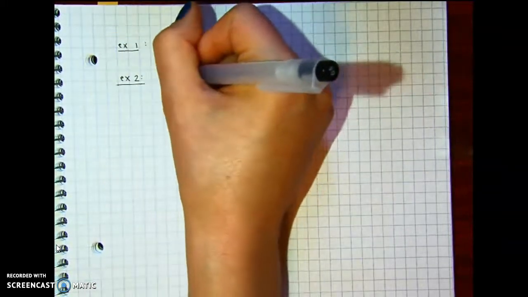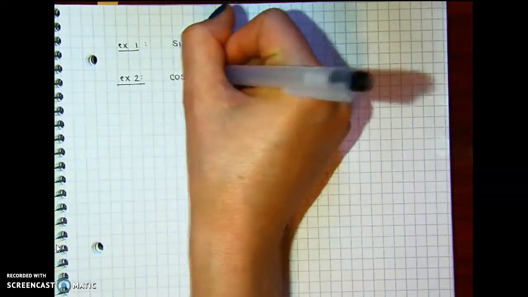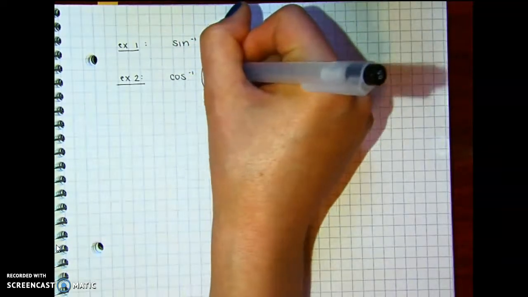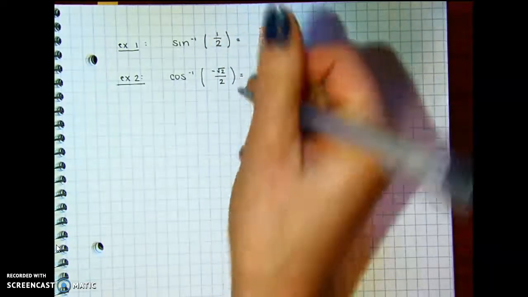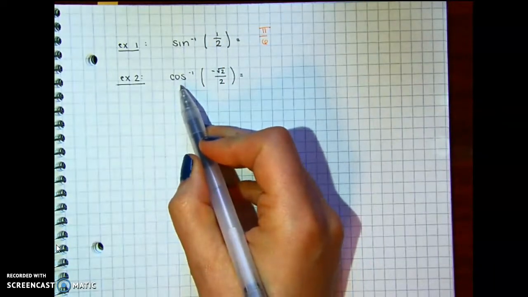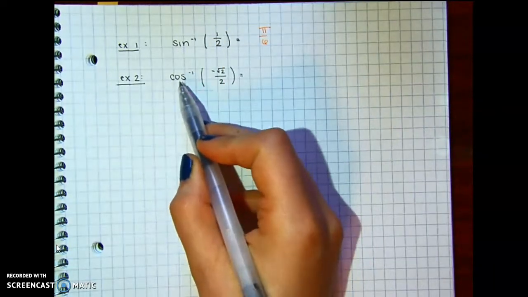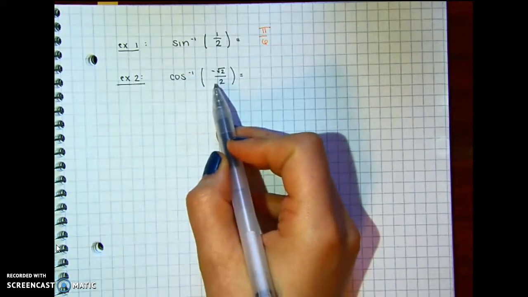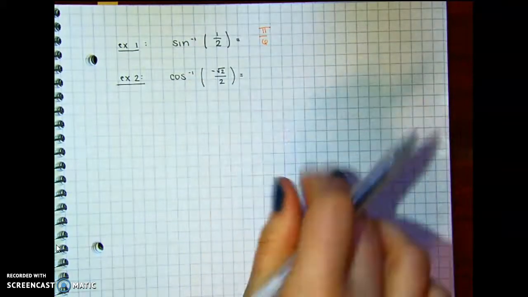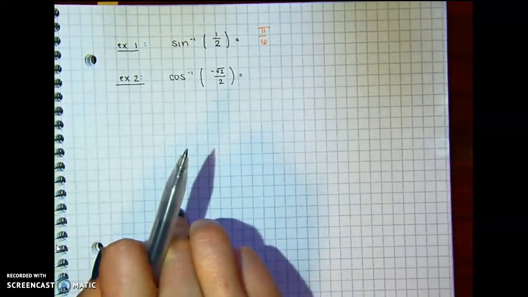Let's do cosine inverse, or inverse cosine of negative root 2 over 2. So first I'm thinking x value, because it's cosine. It's negative, and my domain restrictions are going to be from 0 to pi.